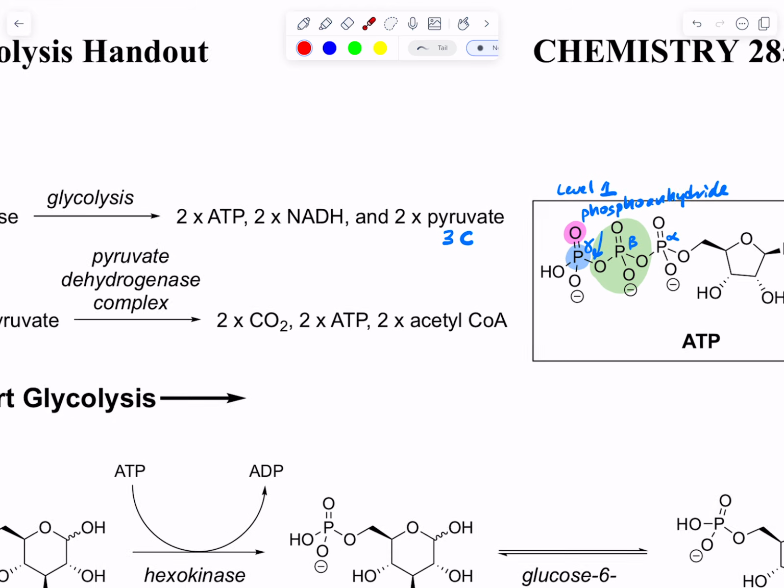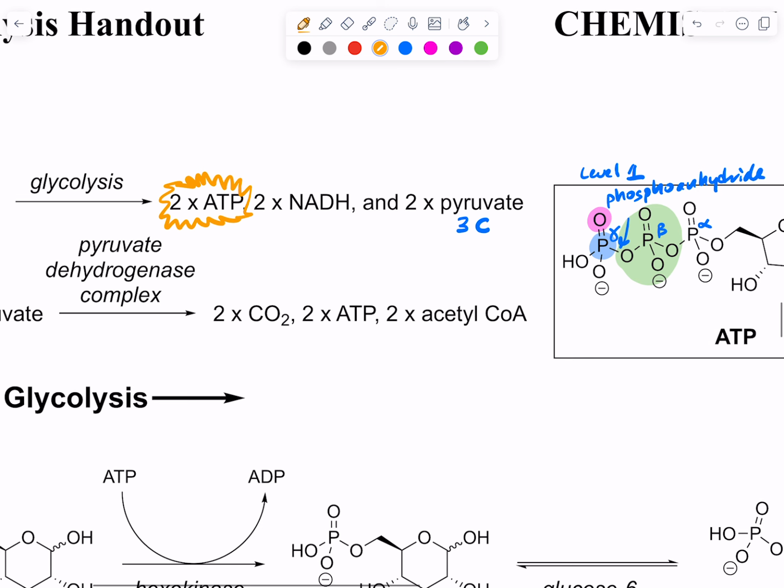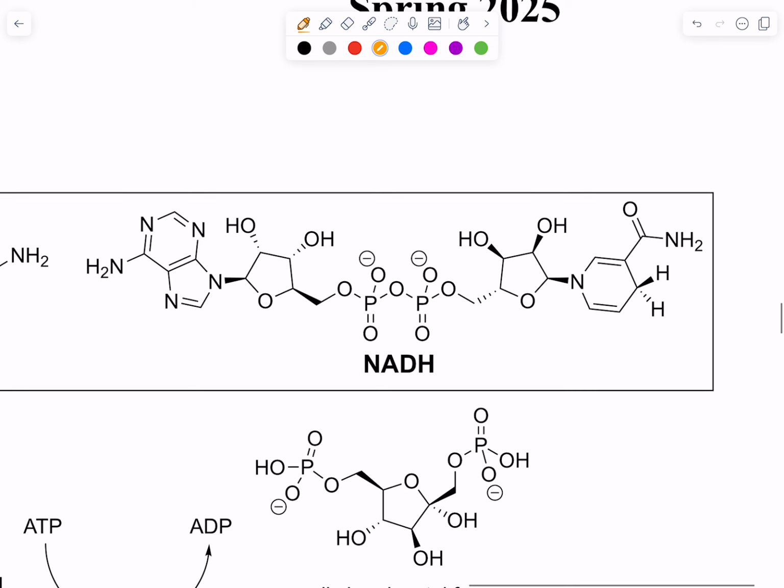The second molecule that comes out of glycolysis that's energy currency, in addition to ATP, and I'm going to put an explosion around ATP because it's an energy-rich molecule. The second one is NADH, and this one may be less familiar to you. Here is NADH. N stands for nicotinamide, which is this portion of the molecule.